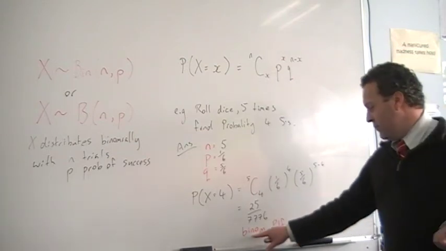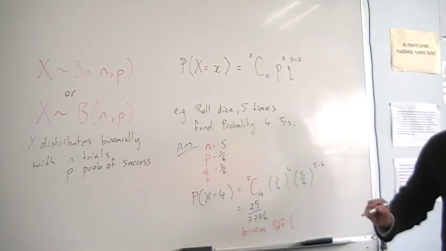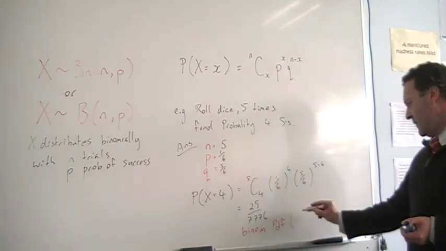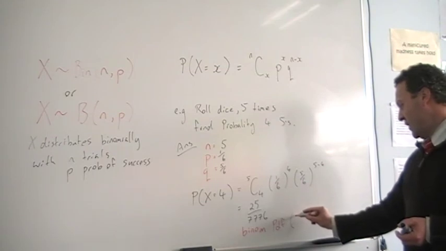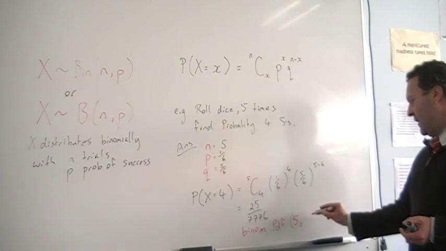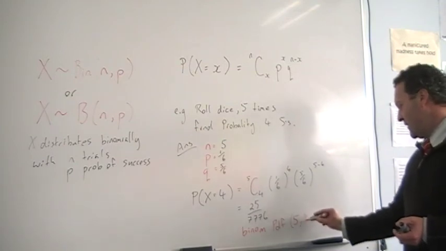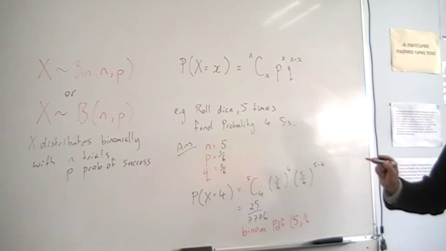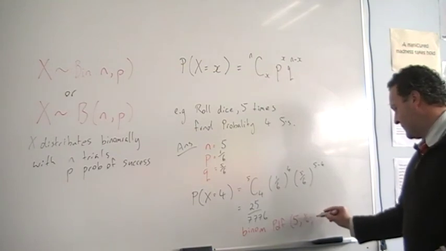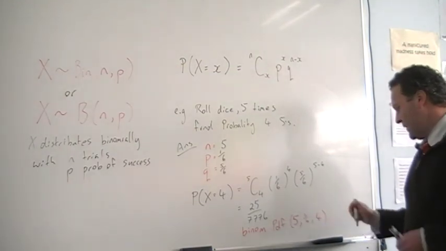Then in the bracket you put the number of trials, which is 5, the p-value, which is 1/6, and the last number, the x value, which is 4.